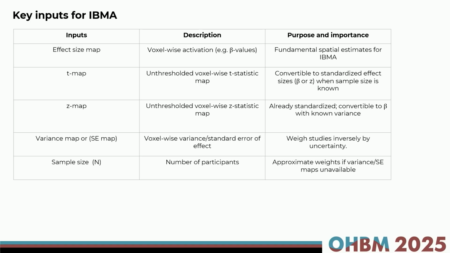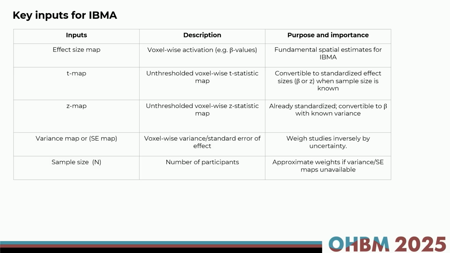As for the key inputs for IBMA, firstly, effect size maps represent the voxel-wise beta values. It is a fundamental spatial effect estimate for IBMA. And then T-maps represent the unthresholded voxel-wise T statistical maps.